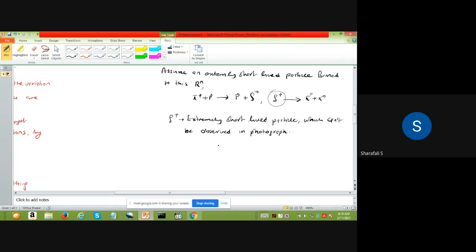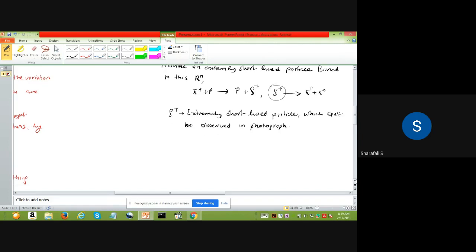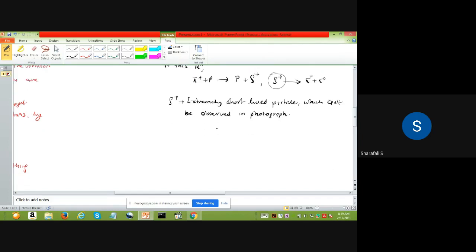And from that, we take many such photographs, compare the results, and if the values obtained are the same in all cases, then we can say that the extremely short-lived particle exists. So how can we claim our theoretical prediction or hypothesis that this rho plus is formed?